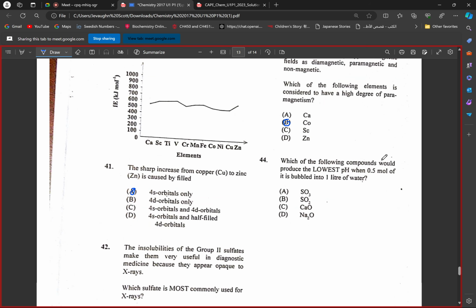Which of the following compounds would produce the lowest pH when 0.5 moles of it is bubbled in 1 liter of water? Or which will be the lowest pH? A. Why A?